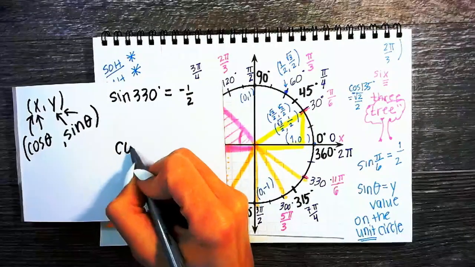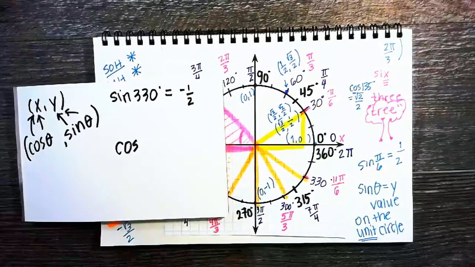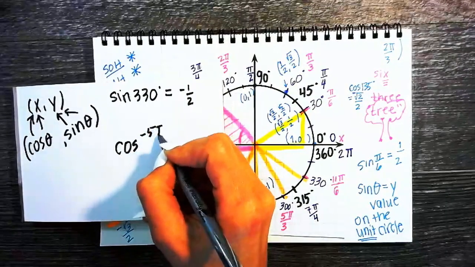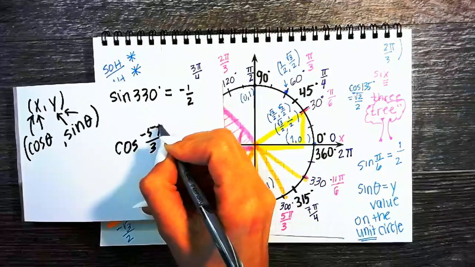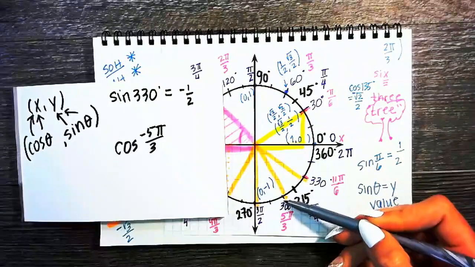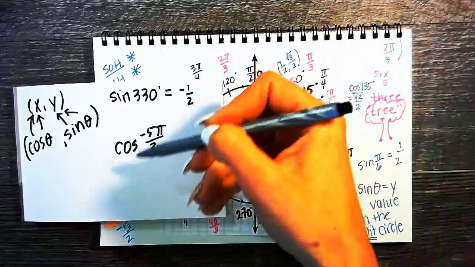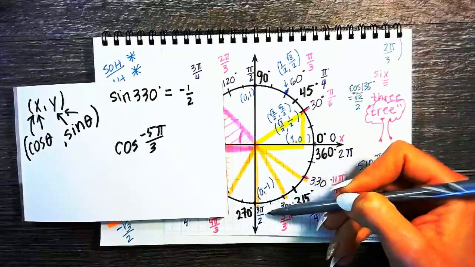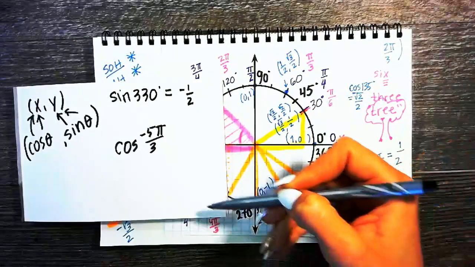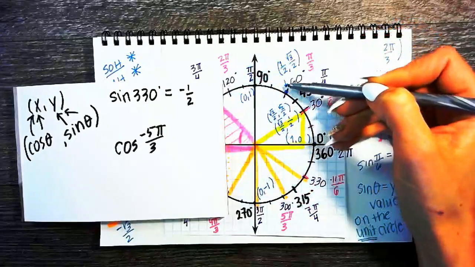What about cosine of negative 5 pi over 3? Negative 5 pi over 3, well, here's positive 5 pi over 3. I went all the way around. I went 3 quadrants and then pi over 3 more. But if it's negative, I got to go 1, 2, 3 quadrants and pi over 3 more.